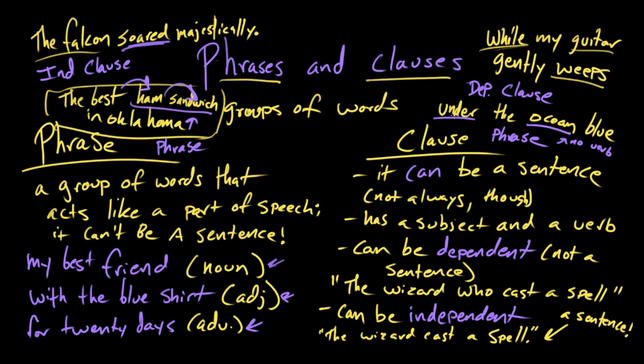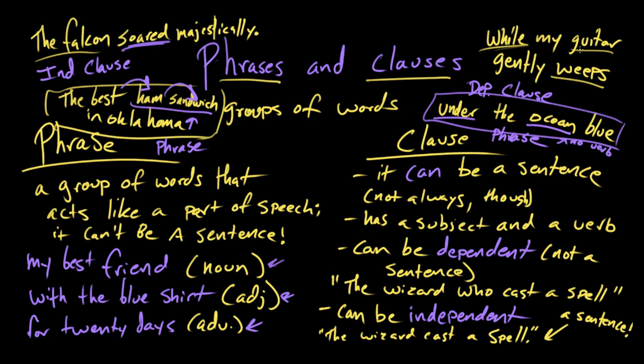So, phrases are groups of words that act like parts of speech. This one, for example, is an adjectival or adverbial phrase. We don't know because we don't know what it's modifying. And this one is a noun phrase, the best ham sandwich in Oklahoma. It's behaving like a noun. And clauses are groups of words that have a subject and a verb. So, while my guitar gently weeps, there's a guitar.